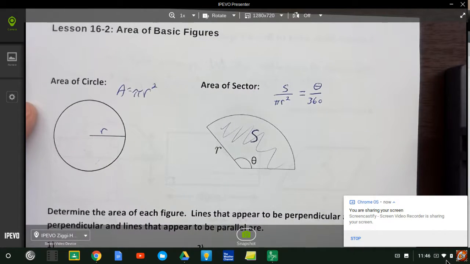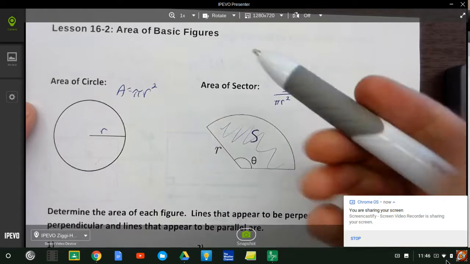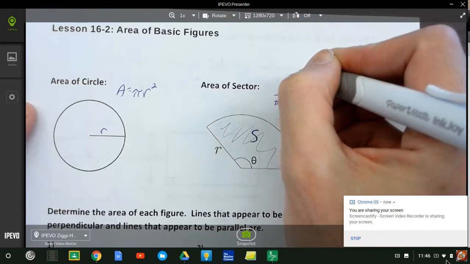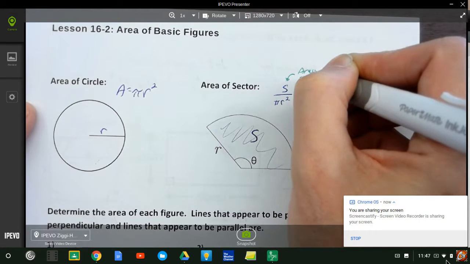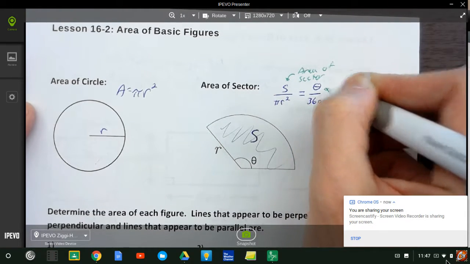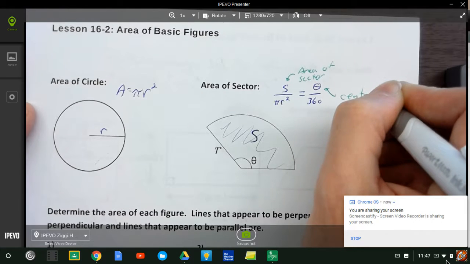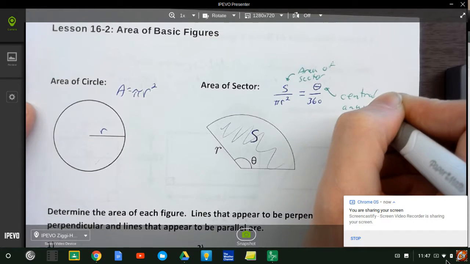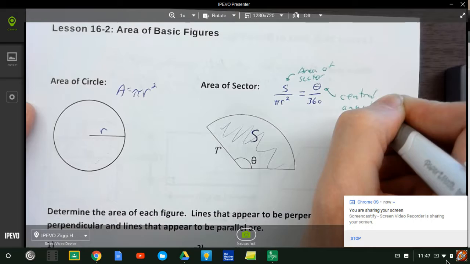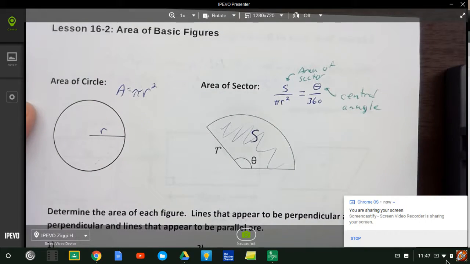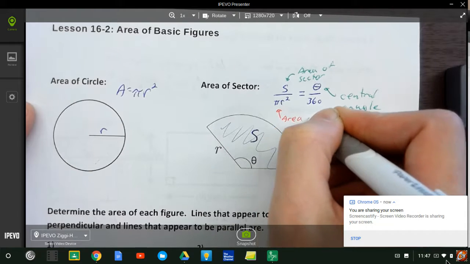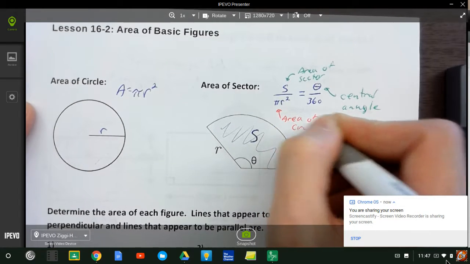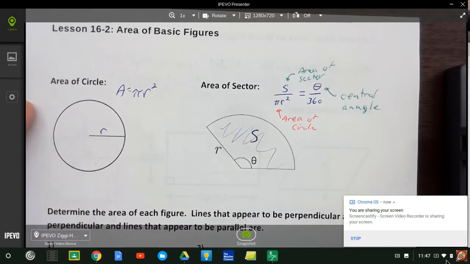So just remember, this S means, and we covered this in the last unit, area of sector. And this is the central angle. And what we ended up with down here was the area of a circle. So if you just remember that proportion from our last unit, this is very, very simple.